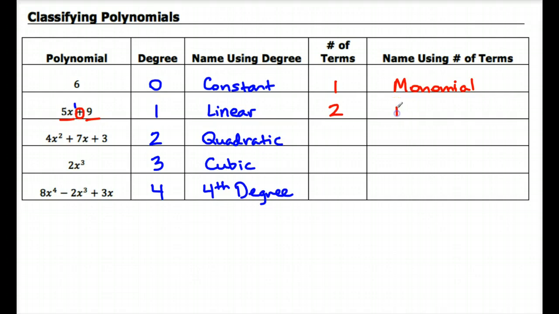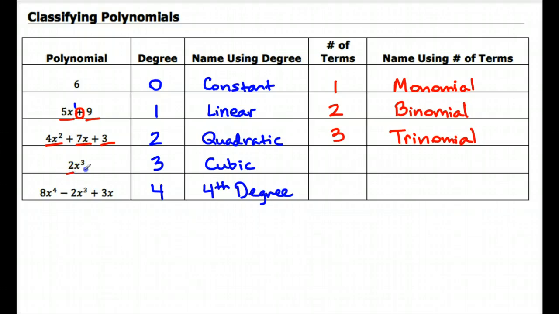Those we call binomials. The prefix bi means two. Like bicycle. Bicycles have two wheels. The next polynomial, 4x squared plus 7x plus 3, has three separate terms. Those we call trinomials. Just like a tricycle has three wheels, or a triangle has three sides.